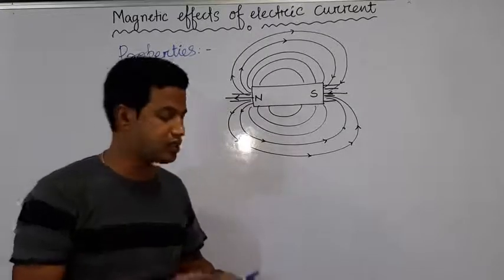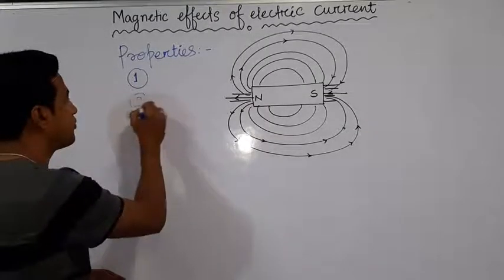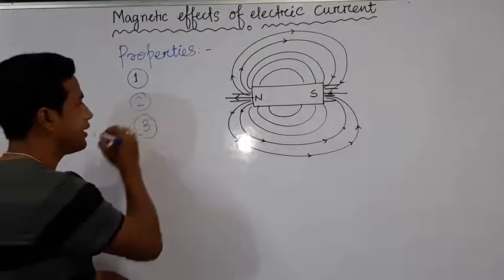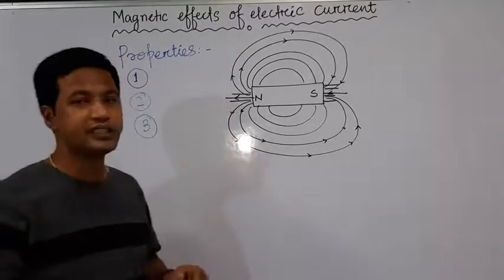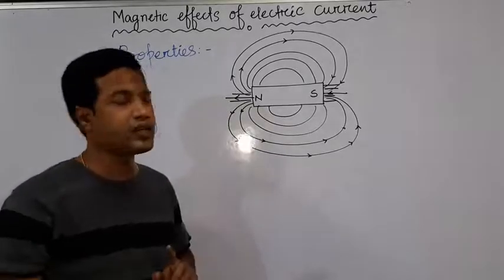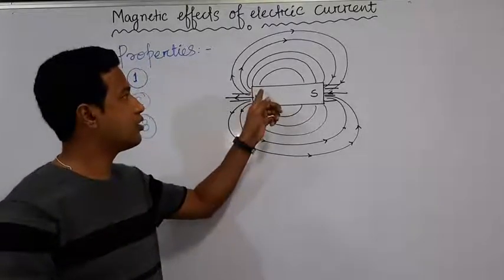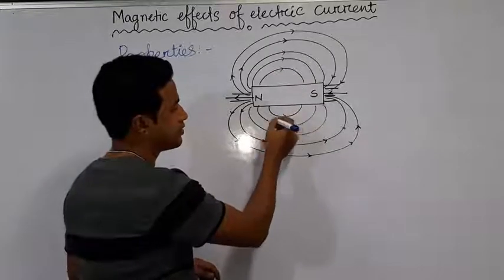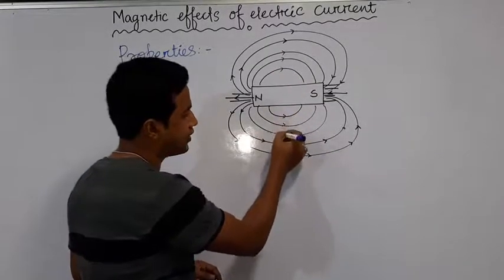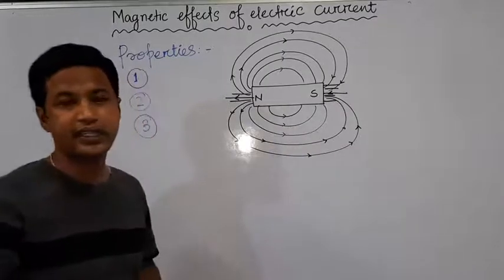Now let's go to the third point. It says that magnetic lines never intersect each other. By this diagram, you can easily observe that all the lines are in their own orbit and no lines are intersecting with each other.